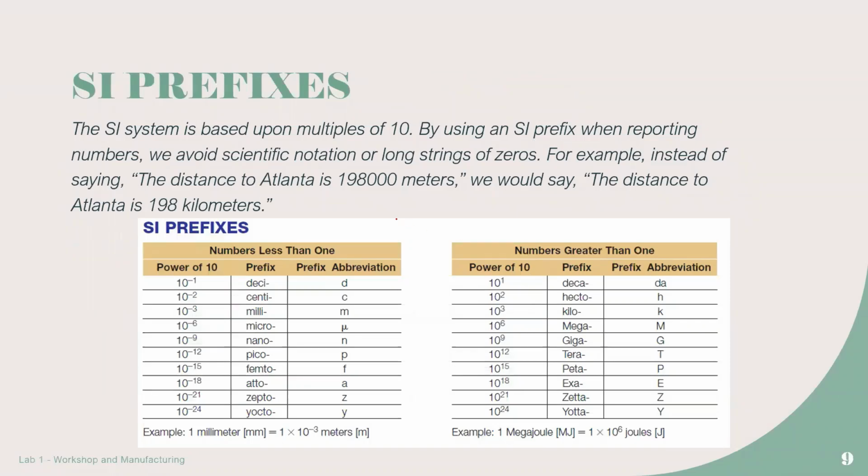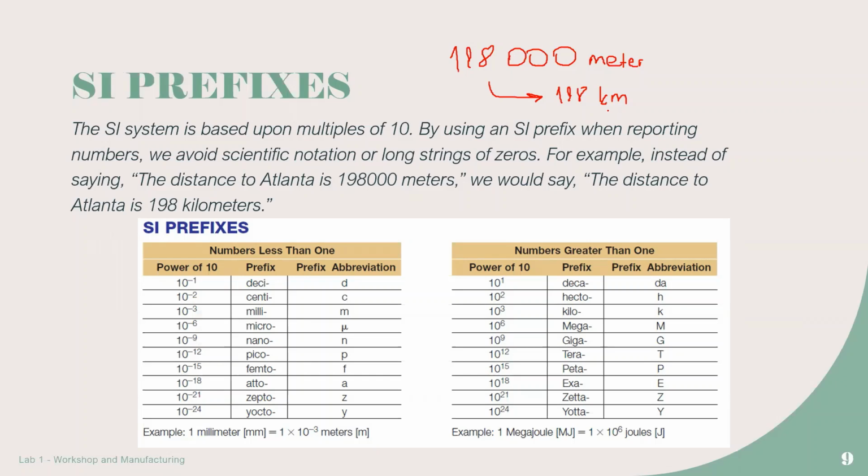And SI prefixes. Basically, a prefix is a multiple of 10. For example, I can say 198 thousand meter, but for easing it, I can just say 198 kilometer.